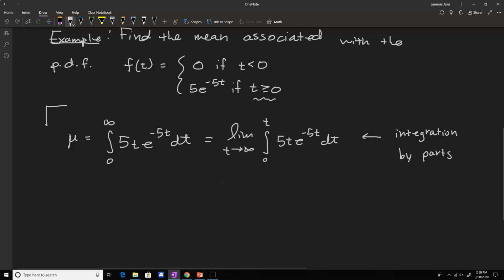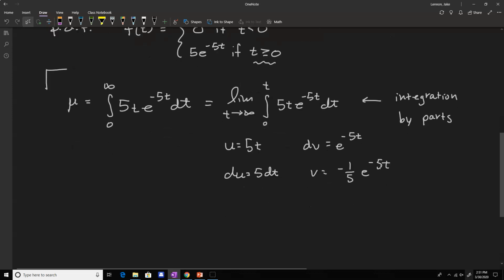So we want to let u equal 5t and dv equal e to the minus 5t. So du is 5 dt, and v is minus 1/5 e to the minus 5t.